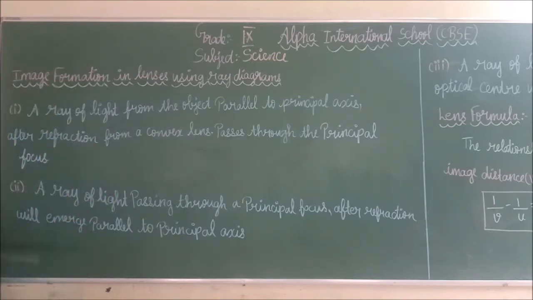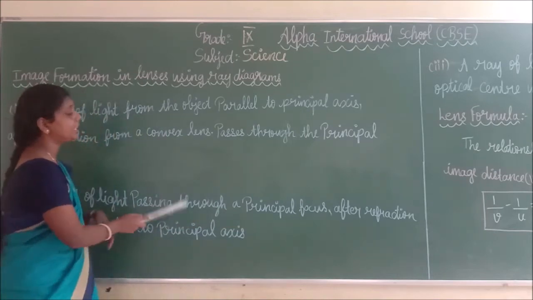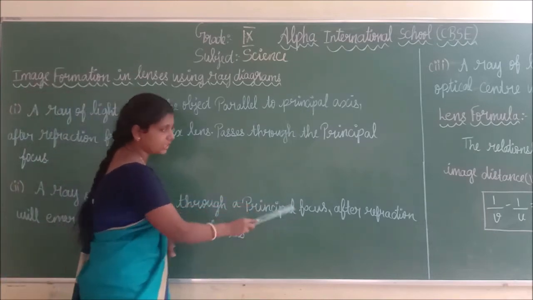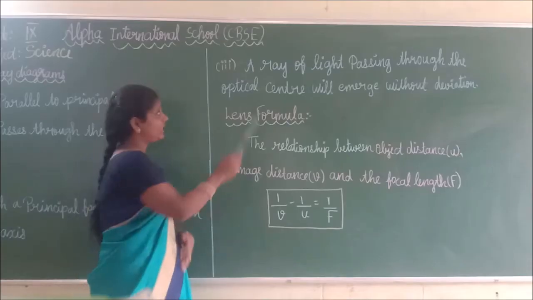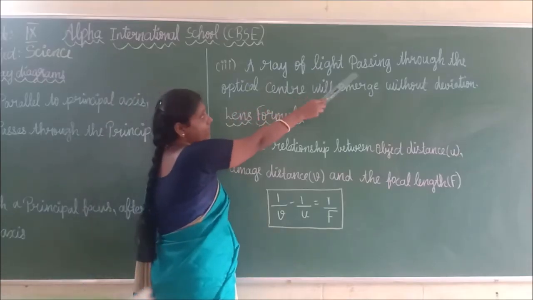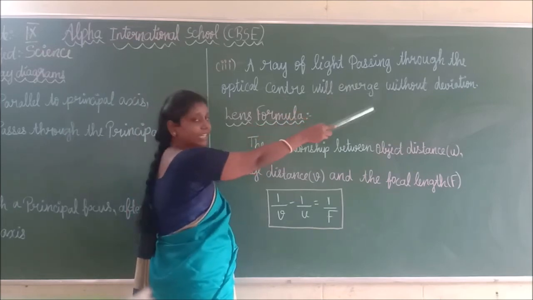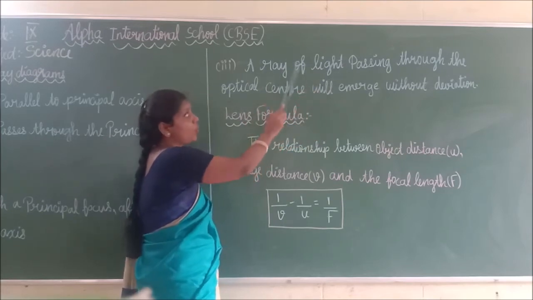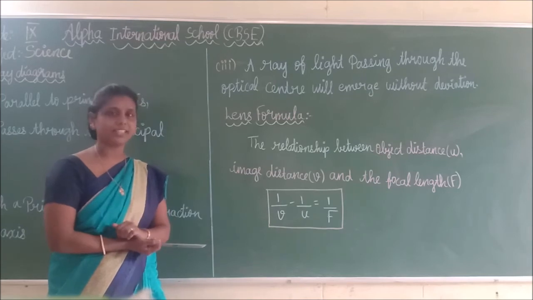Next, the second rule: a ray of light passing through the principal focus, after refraction, will emerge parallel to the principal axis. Next, a ray of light passing through the optical center will emerge without deviation. This is the third rule of image formation. Do you understand the rules of image formation by lenses, students?